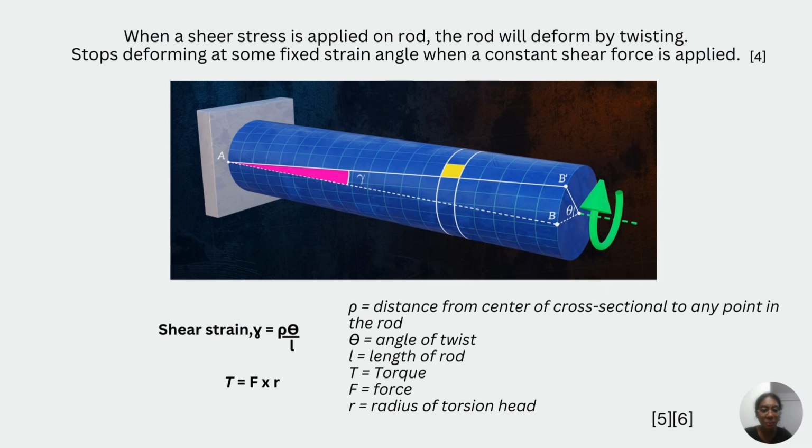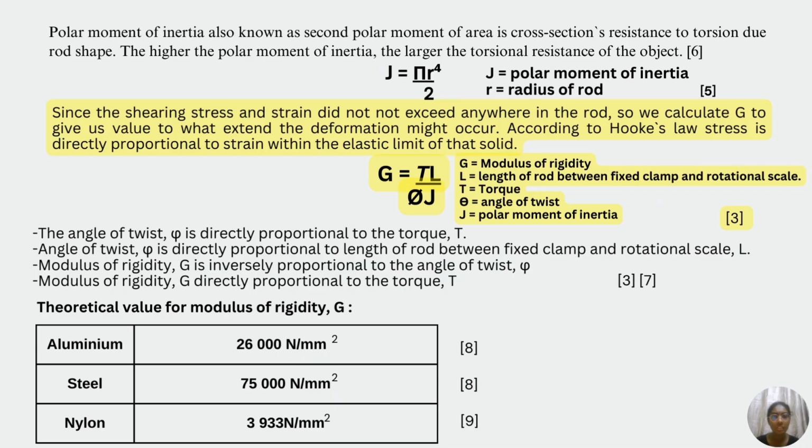In order to know to what extent the rod will deform, we calculate shear strain using the formula: shear strain equals the product of the distance from the center of the cross-section to any point in the rod and the angle of twist, divided by the length of the rod. Then we can calculate torque using the formula force times radius of the torsion head.